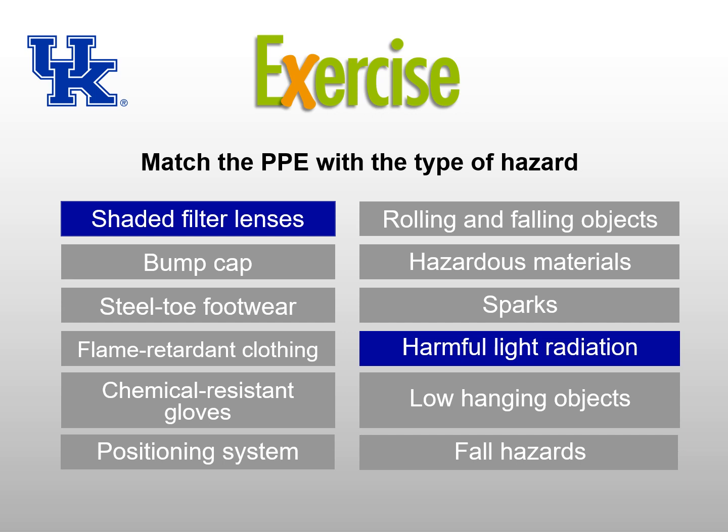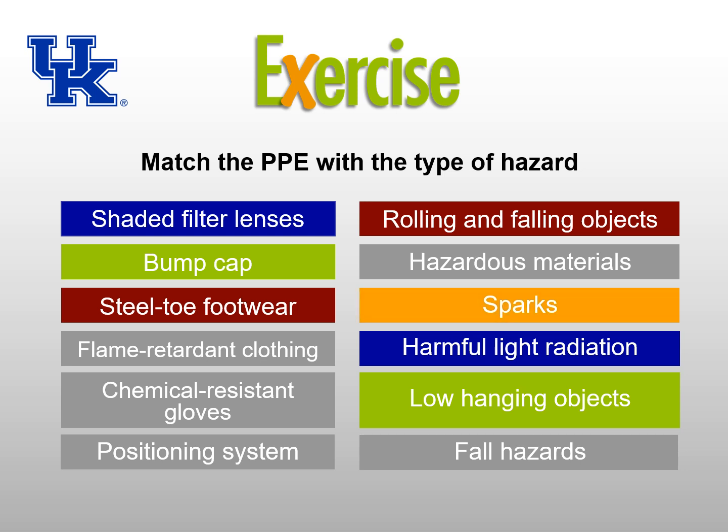A form of PPE that protects against low-hanging objects, you would wear a bump cap. Rolling and falling objects could crush your toes, so you should wear steel toe footwear.